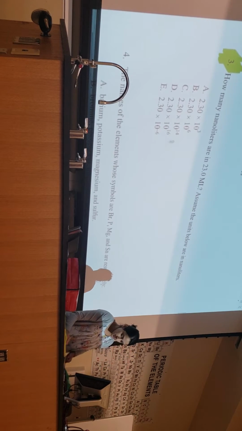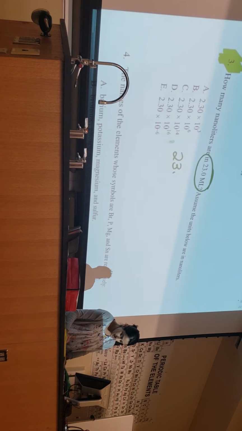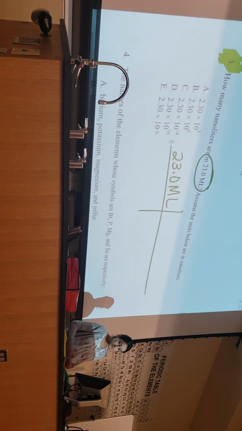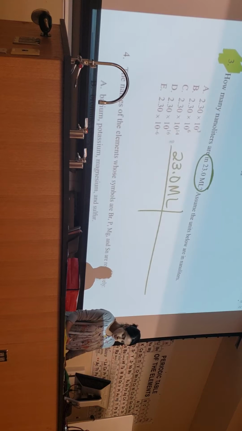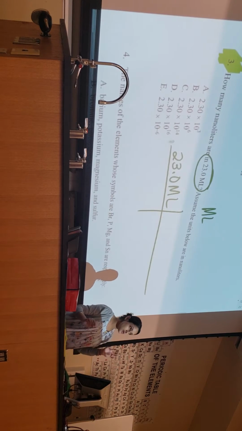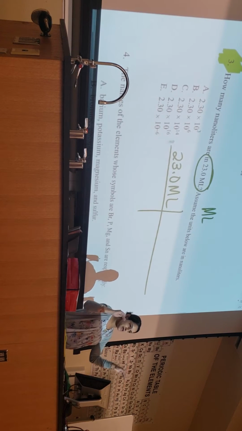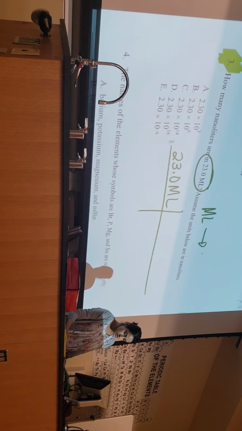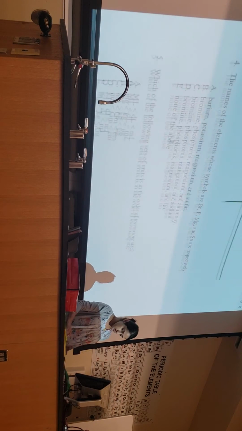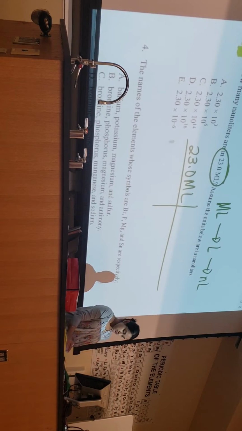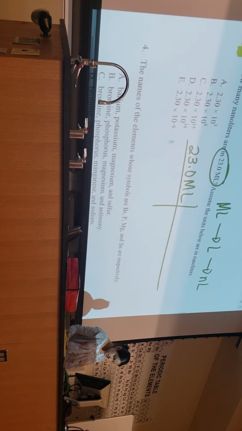You look at the first one here, you have 23. What does the capital M stand for? Megaliters. So I have megaliters, I need to get to nanoliters. If it's hard for you to go directly from mega to nano, always go to the base unit. Version B, the pink one. If you have A, it's number 8.